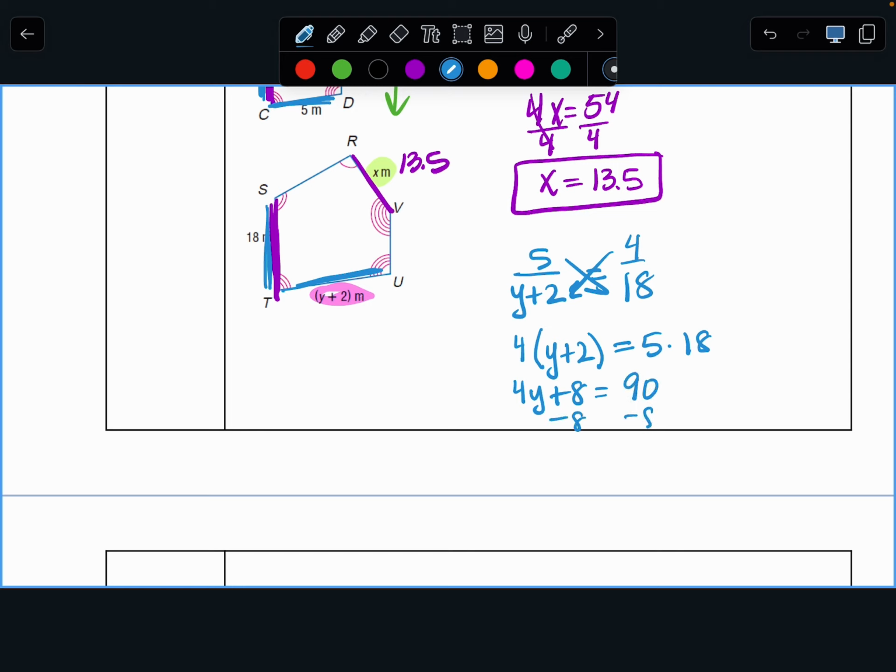Minus 8, minus 8. 4y equals 82. Divide. y equals 20.5.